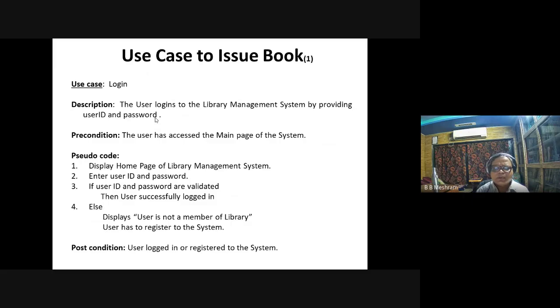Third, if user ID and password are validated, then user successfully logged in. Else, display user is not a member of library. User has to register to the system. So post condition is user logged in or registered to the system. So in this way, you have to describe the use case login.